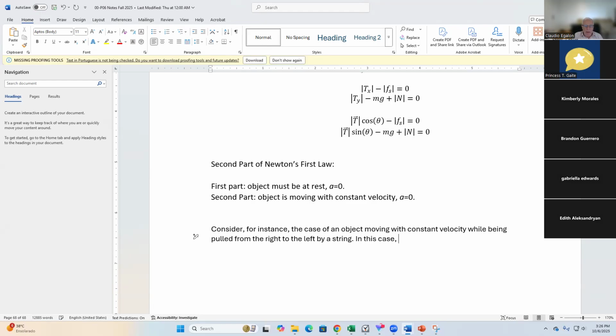In this case, second part, object moving with constant velocity, the net force is still 0.